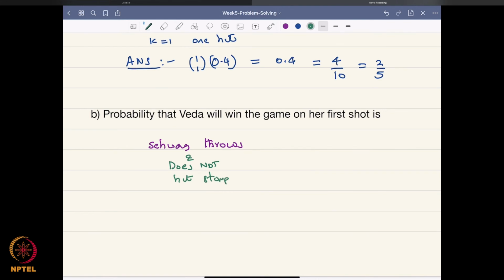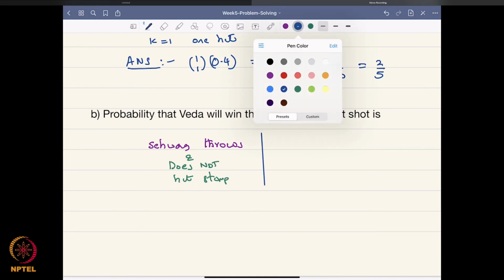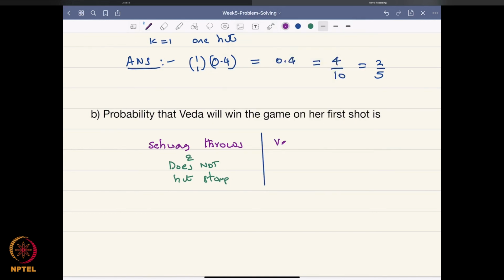And the next throw, Veda throws and hits the stumps. So that's the scenario you're talking about, right?